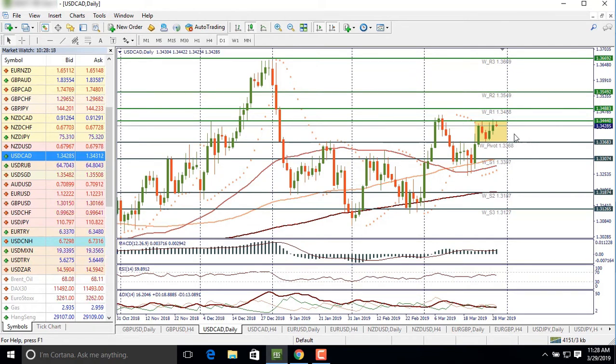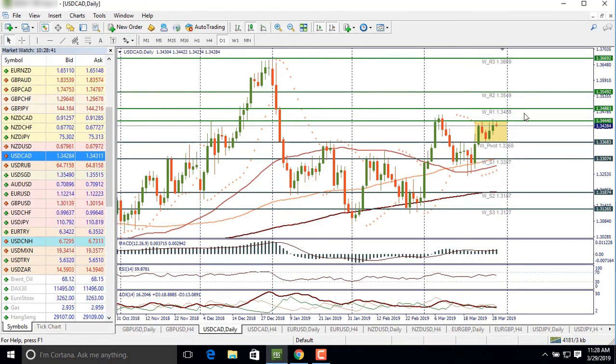If the Canadian dollar is supported by today's release, the pair will move even lower to this level, and if the bearish pressure is strong enough, the next support for the pair lies at 133.7.